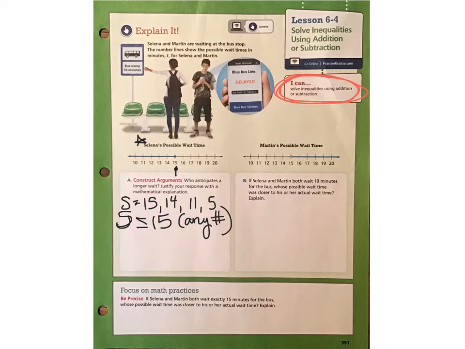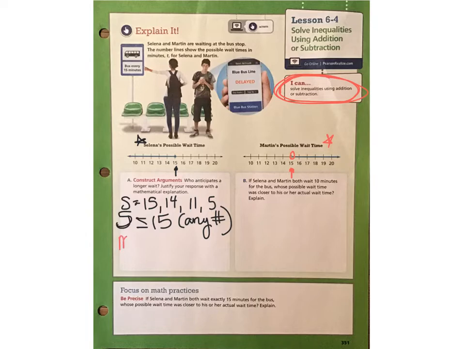Now let's take a look at Martin's possible wait times. This time you also see that there's a dot at the number 15, but this dot looks different. This dot is an open circle. It's not filled in, but there is still shading, but this time going to the right.